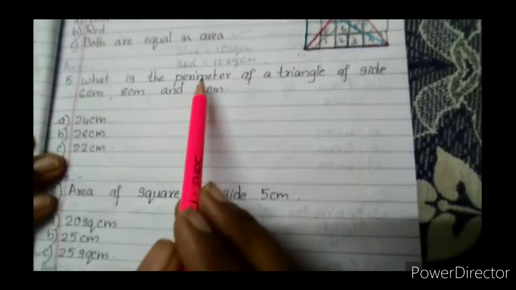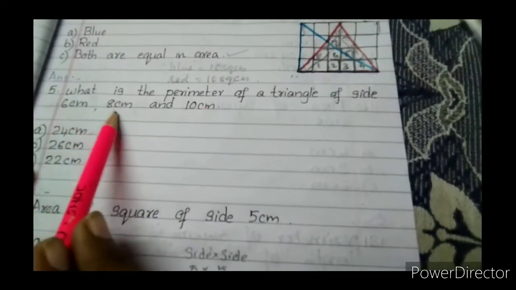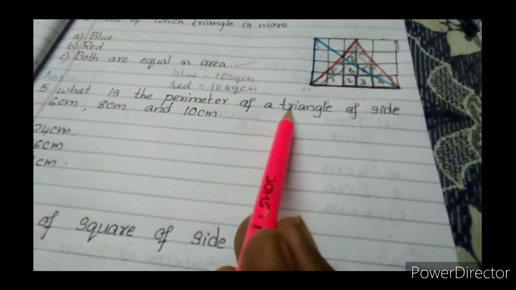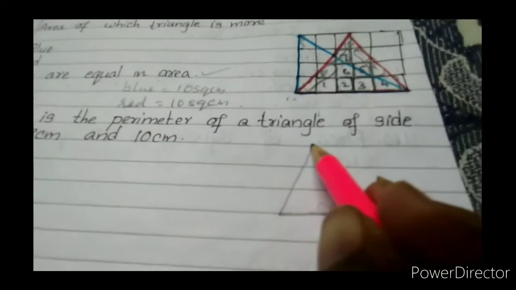Fifth question. What is the perimeter of a triangle of sides 6 centimeter, 8 centimeter, 10 centimeter? You already know the length of the boundary is called a perimeter. A triangle has 3 sides.